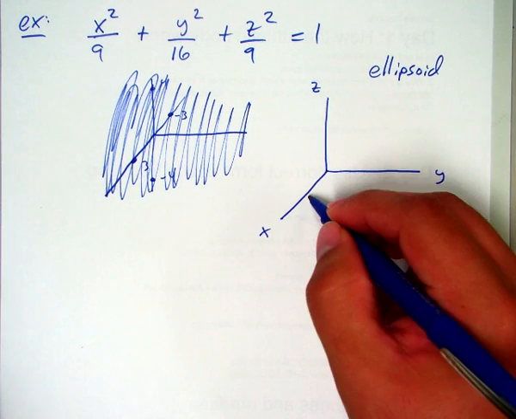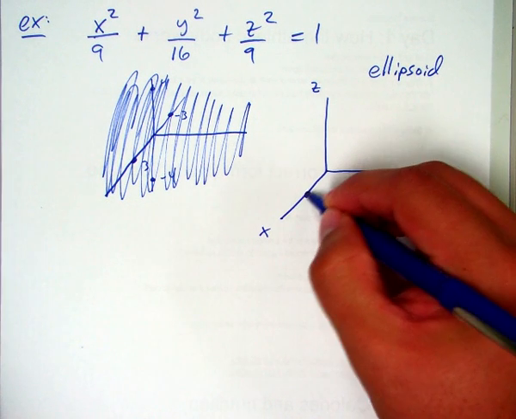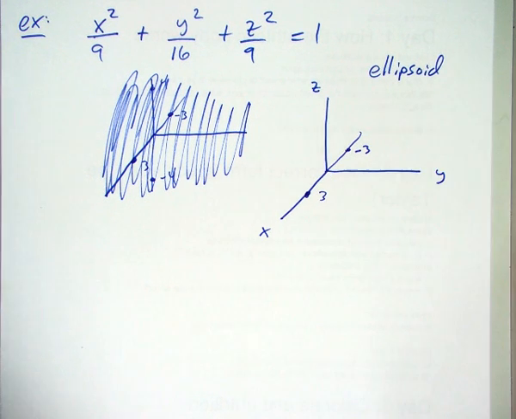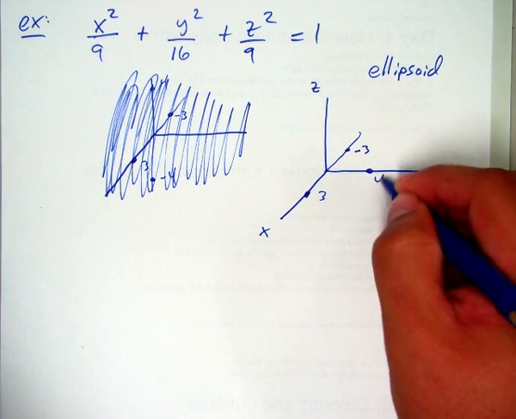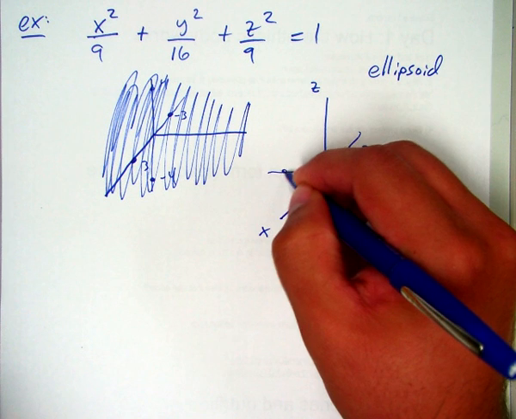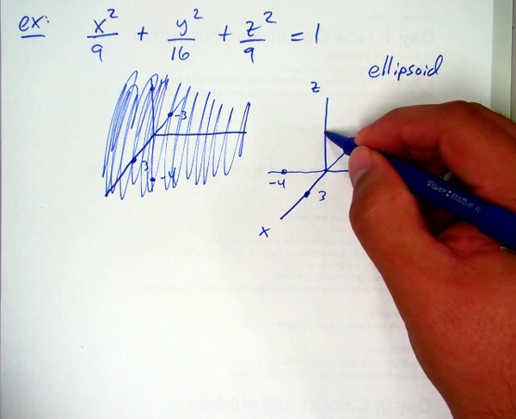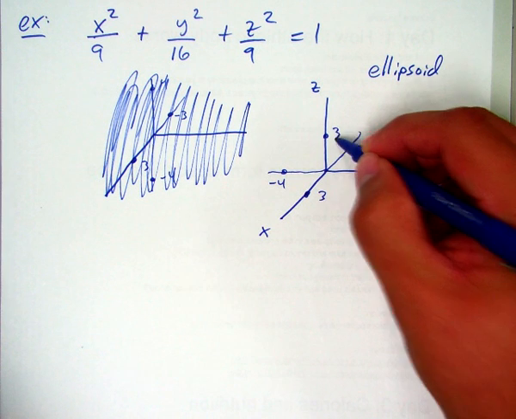I said y, just didn't put it in the right spot. Okay, so x is 3 and negative 3, right? This time stop me if I'm messing up. Y was 4 and negative 4 for the intercepts. And z was also 3 and negative 3.